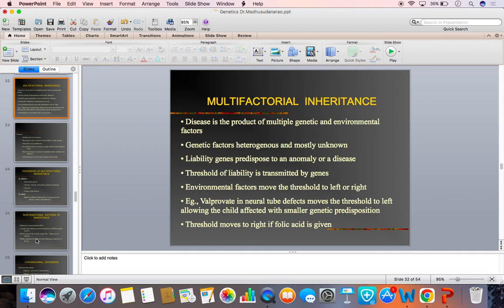Liability genes predispose to an anomaly or disease. If the individual has the liable genes, that results in a structural anomaly or the disease. The threshold for liability is transmitted by genes.